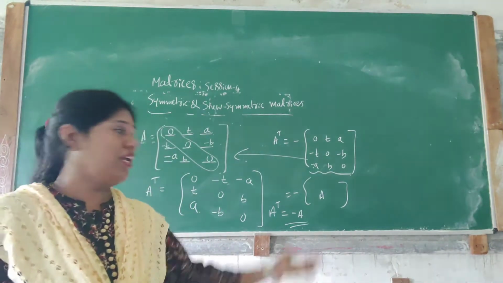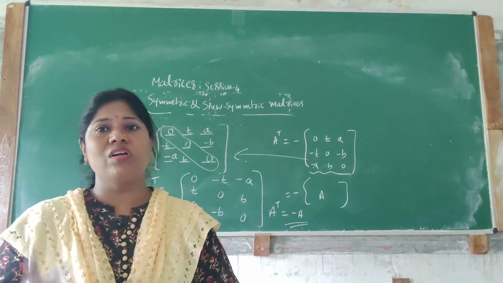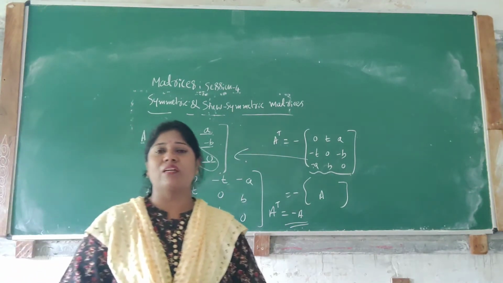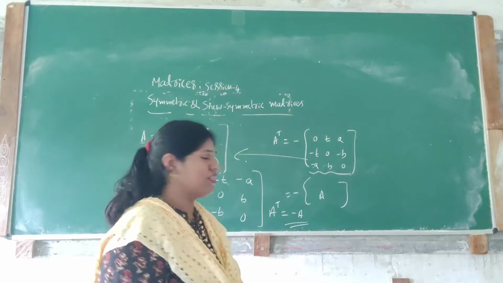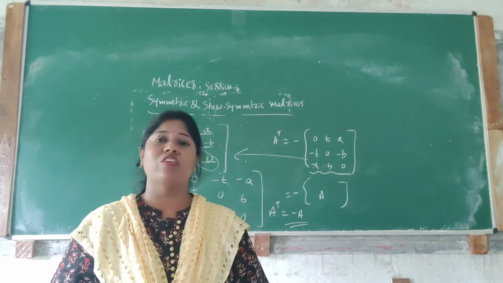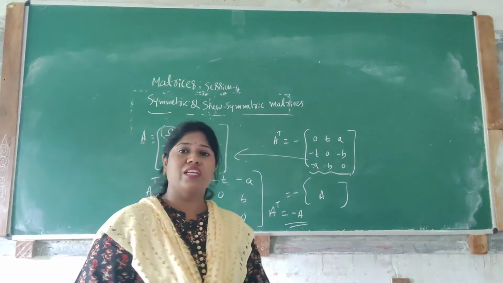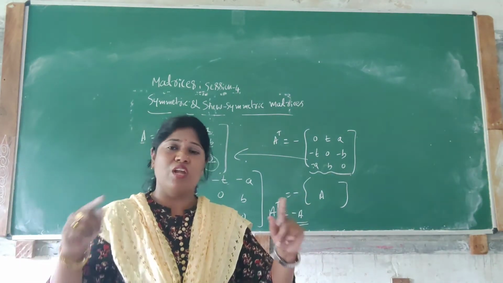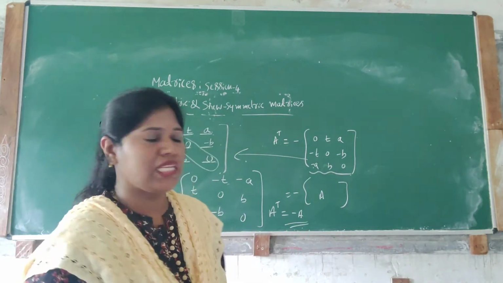Then it is called A transpose is equal to minus A. A square matrix A is said to be skew symmetric if A dash, the transpose of the matrix, is equal to minus A. After interchanging rows and columns, we get the matrix A itself, but with the opposite sign.